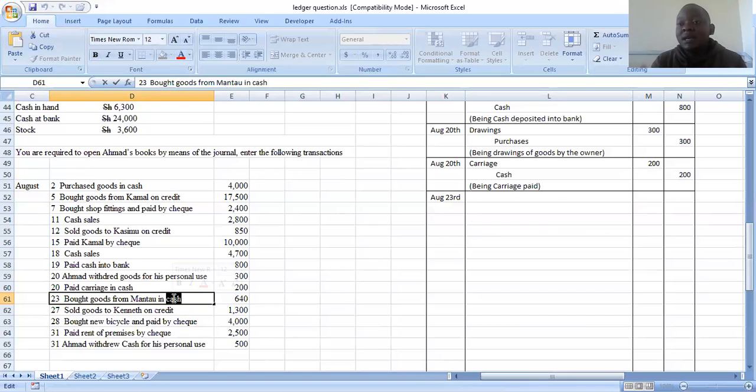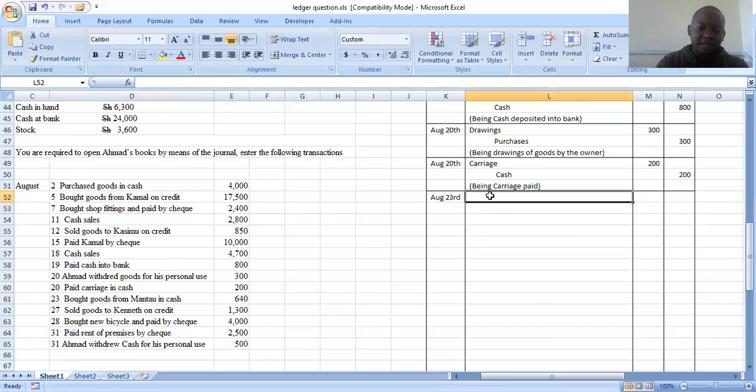Whenever an expense is being incurred, we debit that expense. Cash is an asset. Whenever cash is reducing, we credit. So in our case here, cash is reducing. Therefore, we credit cash. So therefore, debit purchases, credit cash. So purchases, and the amount is 640, and then credit cash.